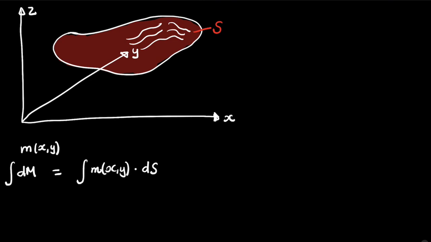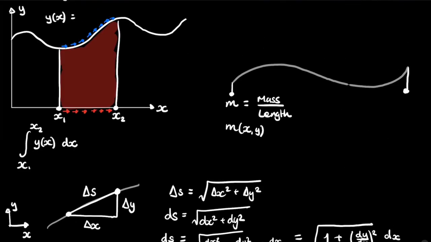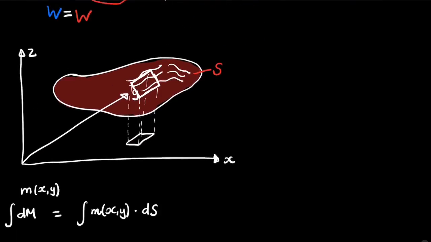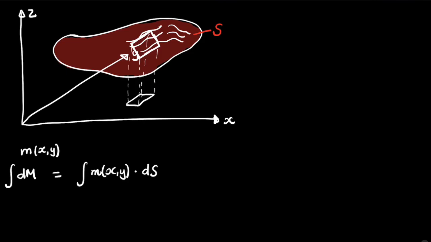So we take our bumpy surface, take some kind of element here, and we almost project this down onto the xy plane, similar to how we projected the little line element onto the x-axis. In this case, we're projecting some small surface element onto the xy plane.